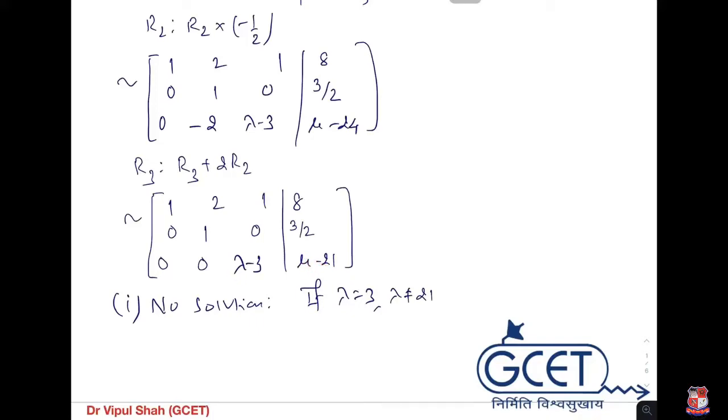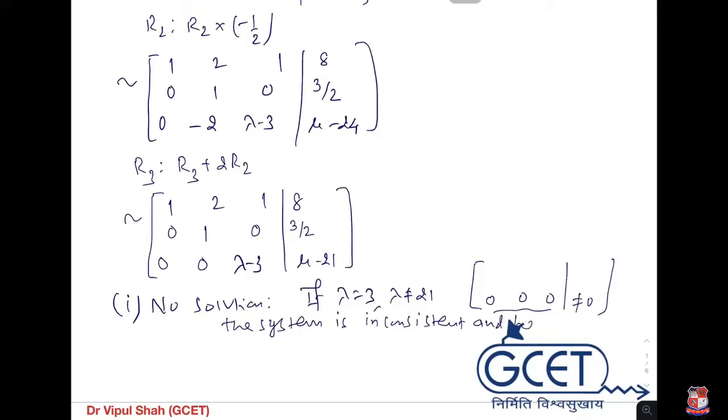So the last row will be like this: 0 0 0 and non-zero. So then we are having no solution, because then you can see that this is 0 equal to non-zero. So the system is inconsistent and has no solution.